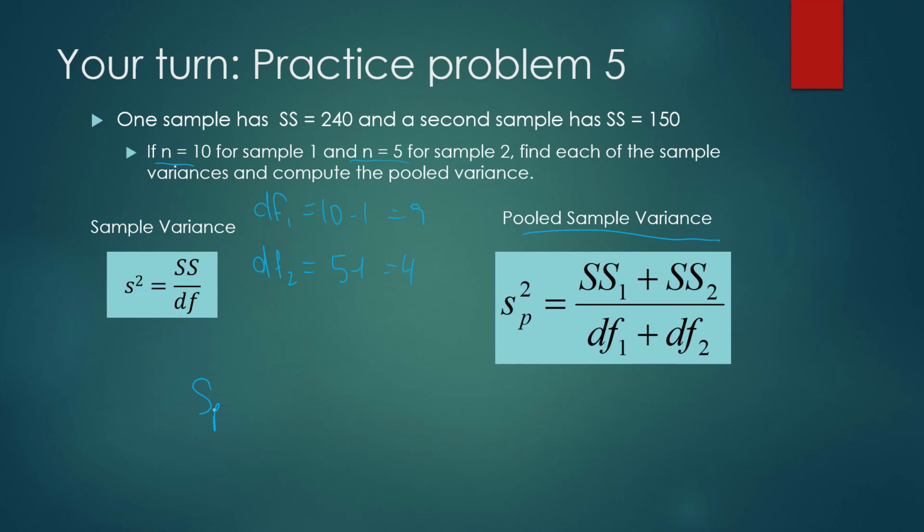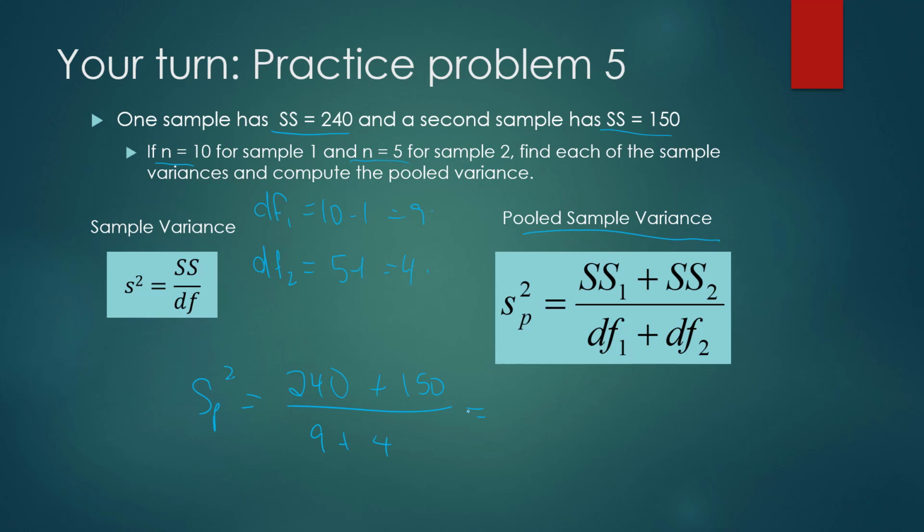So the pooled variance formula. Remember, S squared is simply the variance, and the P stands for the pooled aspect of it. We take our sum of squared deviations for sample 1, plus our sum of squared deviations for sample 2, over degrees of freedom for sample 1, which is 9, plus degrees of freedom for sample 2, which is 4.